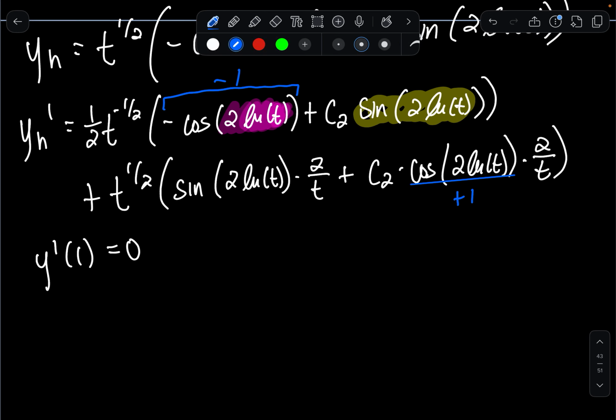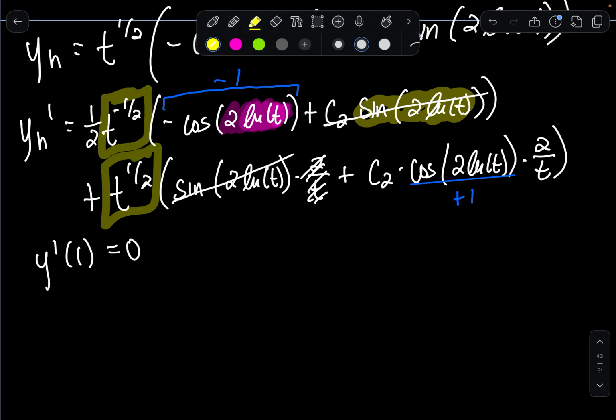So this term is gone, and so is this one for the exact same reason, and that 2 over t goes with it. What else happens? Notice that this will be 1 to a power, this will be 1 to a power, so those will both be 1. And this here will be a 2.